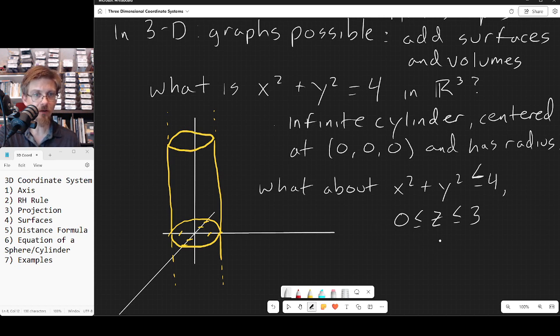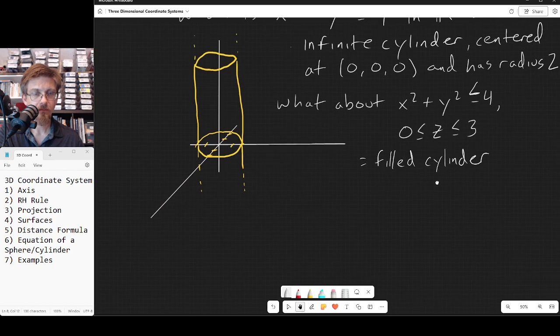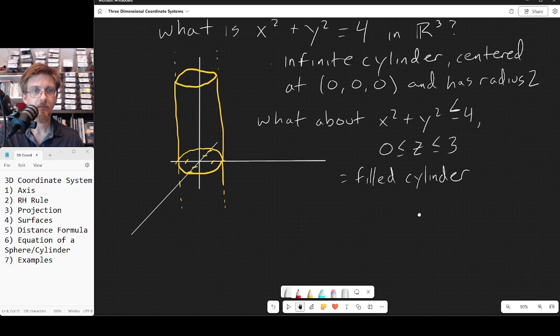So what this is, is a filled cylinder of radius 2, three high, centered at the origin.